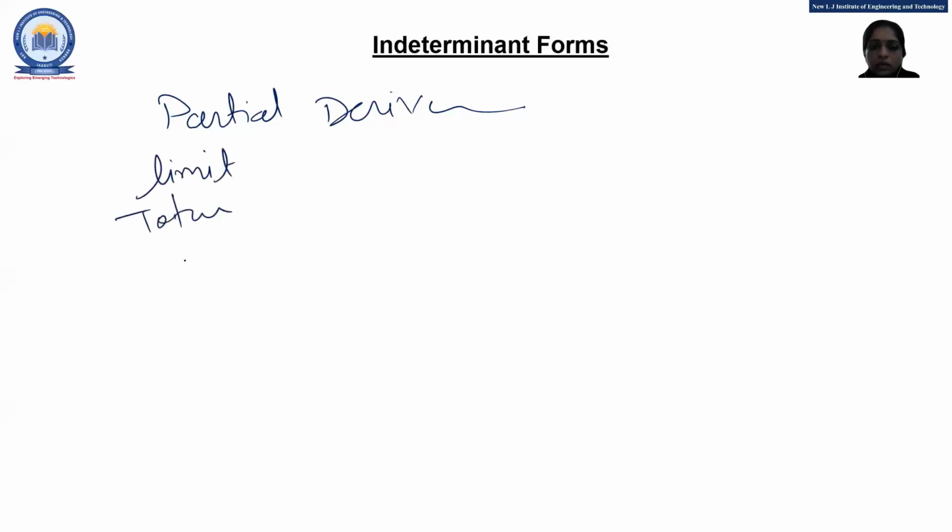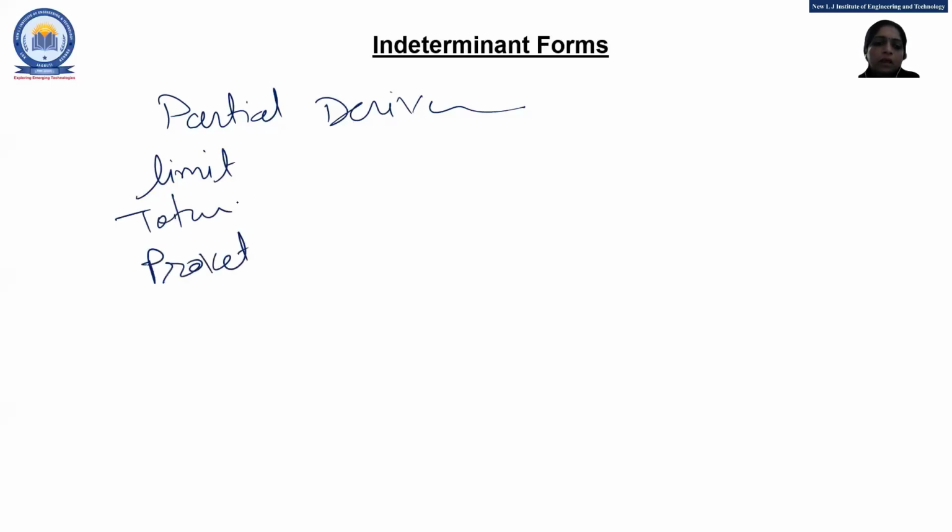Then you have to go for the partial derivatives. In partial derivatives, there are so many topics, right? You have to go through all the topics, starting from the limit, then the total derivative, then the prove-that questions, right?